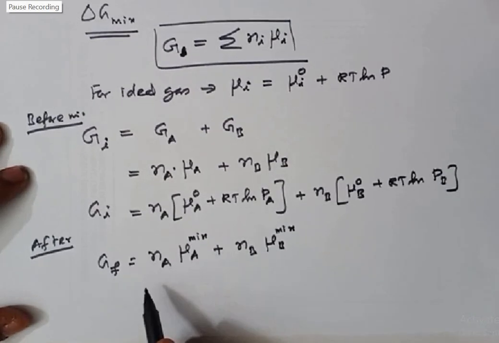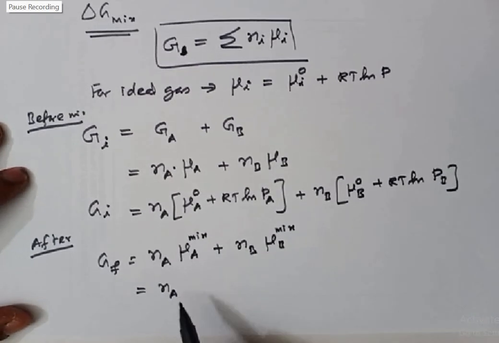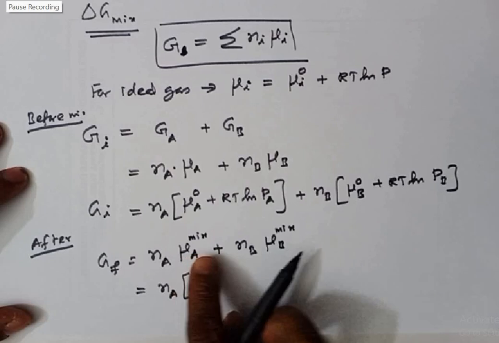Now listen, keep the number of moles of A as such. What is the chemical potential of A in the mixture?